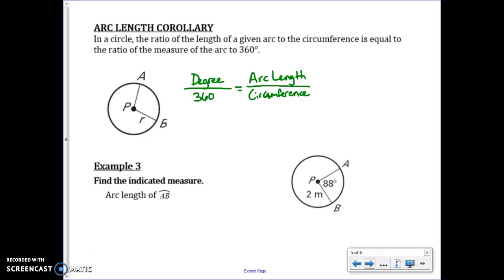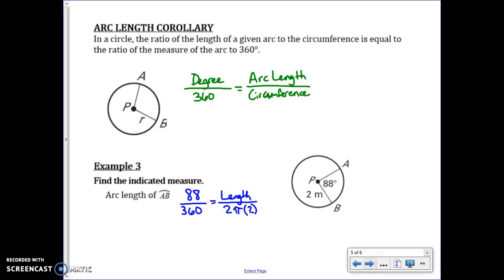So if we want the arc length of AB, let's fill in the pieces that we know. The degree measure is 88. The total degrees is 360. That's equal to the arc length, which is what we want, over the whole circumference. I don't have the circumference here, but I do have the radius. So for circumference I can do 2 times pi times the radius of 2.